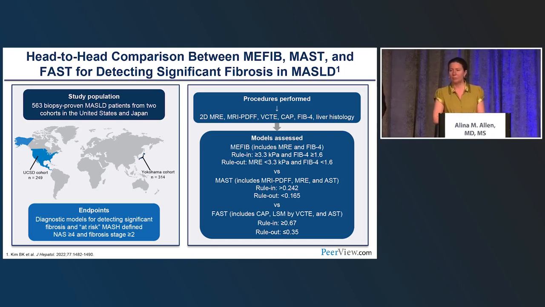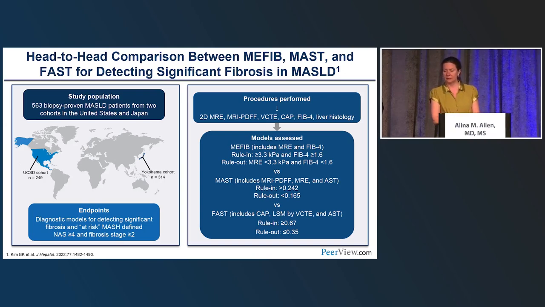There are then combinations of elastography and blood biomarkers, and this is a study that Dr. Lumba performed where he compared the most commonly used ones, and these are MEFIB, MAST, and FAST. And you can see here on the bottom right panel what these models include.